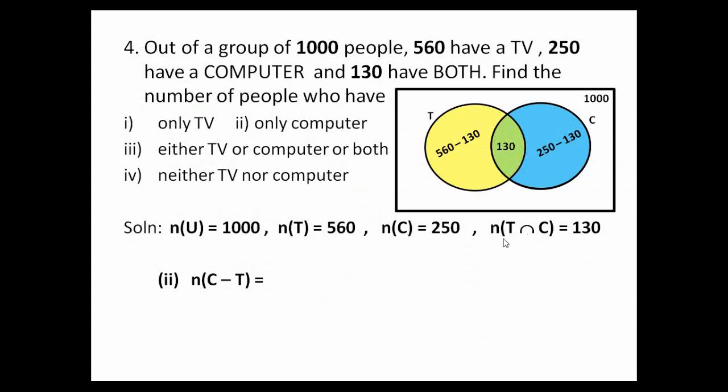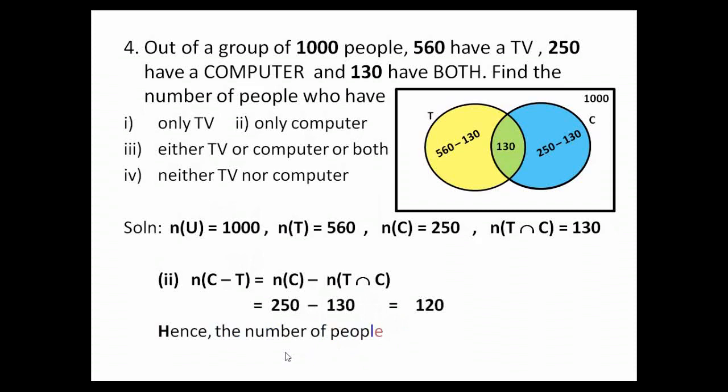So NC minus N(T intersection C) is equal to 250 minus 130, that will give you 120. Hence the number of people who have only computer are 120.